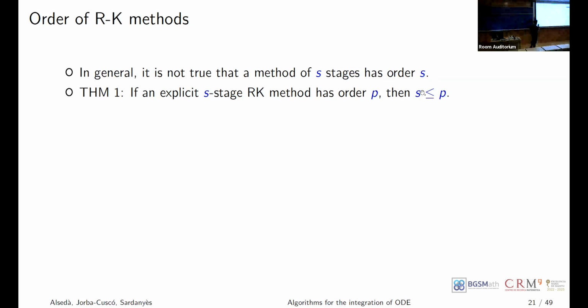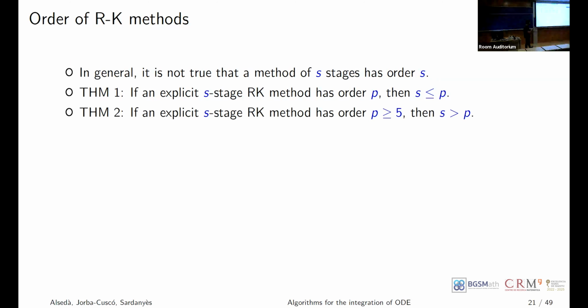Sorry. That's a theorem. And then, if I want a method of order 5 or larger, I need a number of stages which is strictly larger than 5. So I cannot achieve a Runge-Kutta method of order 5 with 5 stages.